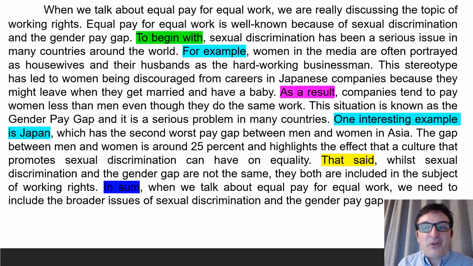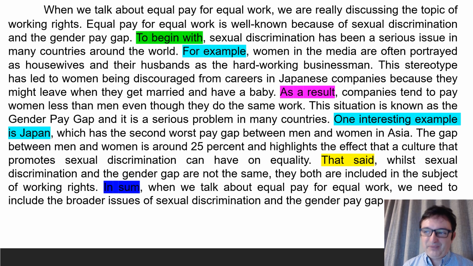So if you don't know what it is, I give an example. Japan has the second worst gap in Asia, and women are paid basically 25% less than men. And this is the effect of a culture that promotes sexual discrimination, where there are stereotypes in culture, and that promotion of sexual discrimination, the result is women get paid less.